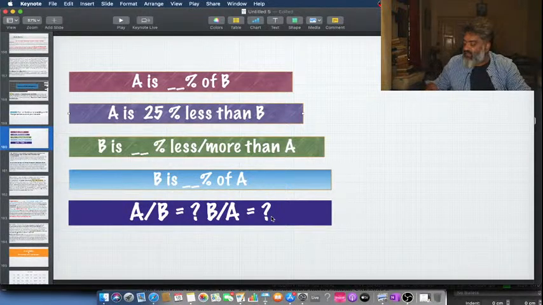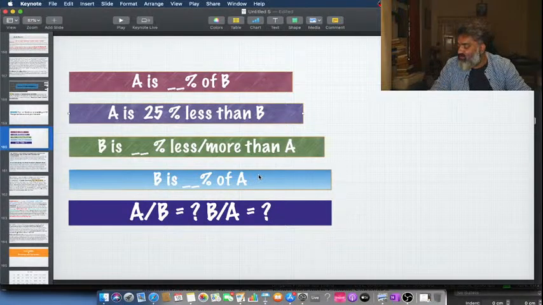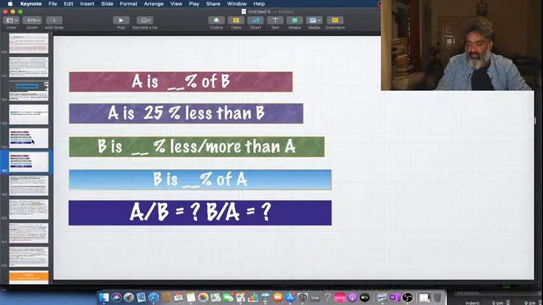Sayam says 75. Give me the full frame also, it will help you in the long term. I think when Sayam says the answer is 75%, he means A is 75% of B, right? Okay, let me first copy this template hundreds of times.